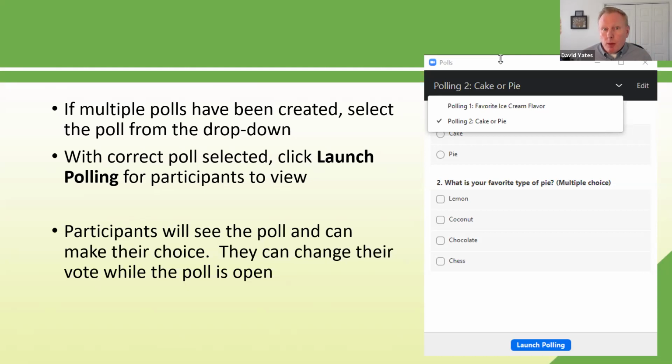So if you have 3 or 4 questions, you may need to direct your participants: hey, there are 4 questions to this poll, and we want to make sure that you scroll down and answer all of them. So again, make sure that you tell people that.